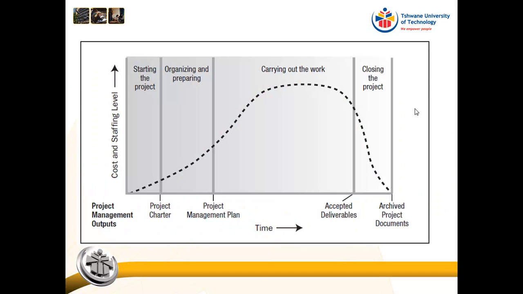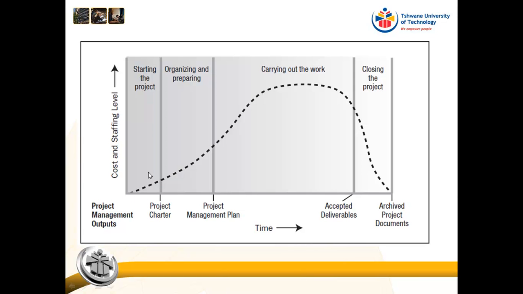Okay, so the first thing we need to look at is if we look at our project over time and we look at the cost and staffing levels, or we can also call this the amount of resources that we are expending, you will see that during the starting phase of the project or the initiation, the cost and staffing is very low.